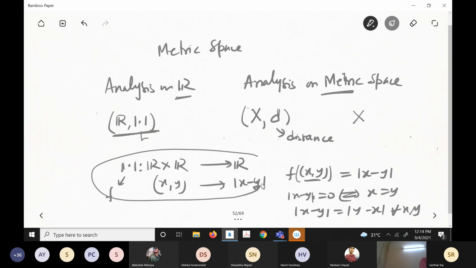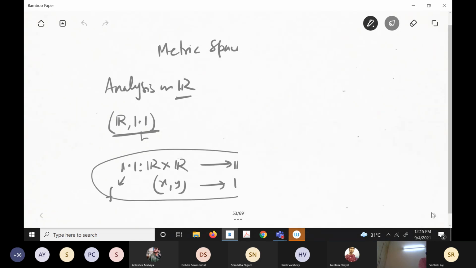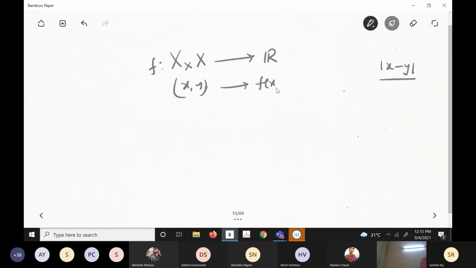The same concept I am going to imitate. Suppose I have a non-empty set and a function from here. When I gave this function, it was not only a real number, it was a non-negative real number. You can write it here, but then you have to put this condition. Suppose I have such a function. What should I have?